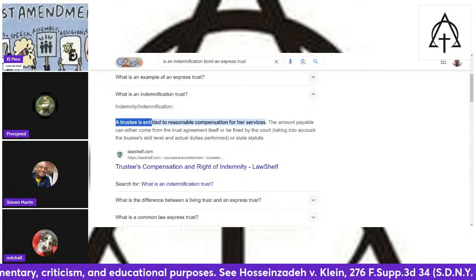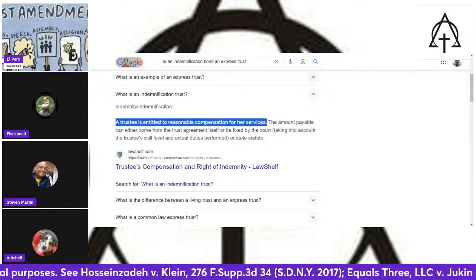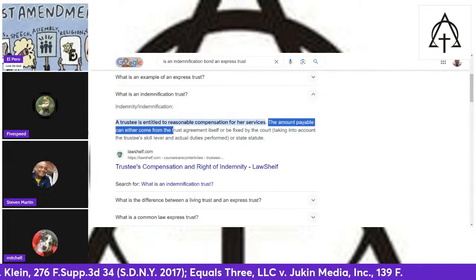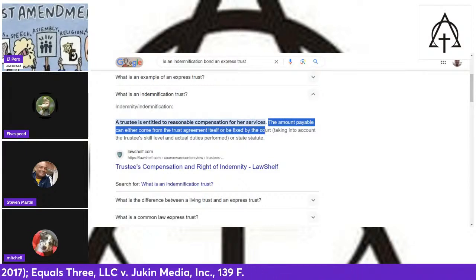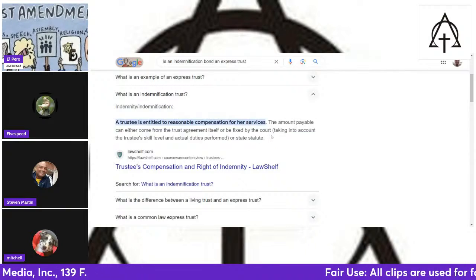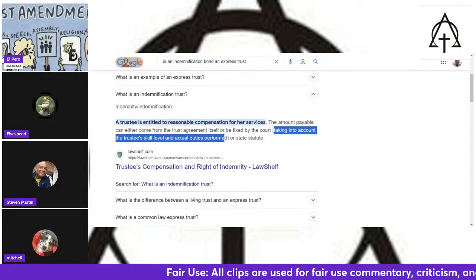A trustee is entitled to reasonable compensation for his services. The amount payable can either come from the trust agreement itself or be fixed by the court or state statute. And that's taking into account the trustee's skill level and actual duties performed.